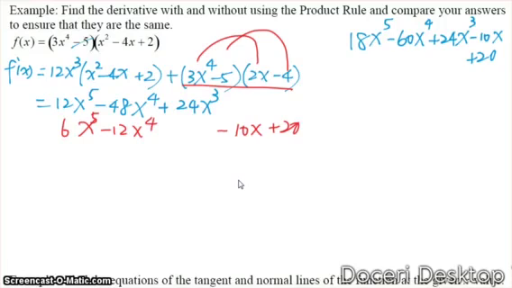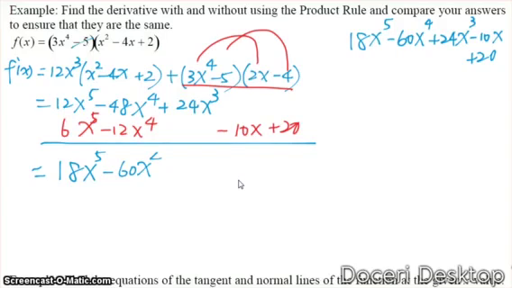Summation added up, I got a total of 18x to the 5th minus 60x to the fourth plus 24x to the third, because I can't do anything with it, minus 10x plus 20. And that will be your answer.